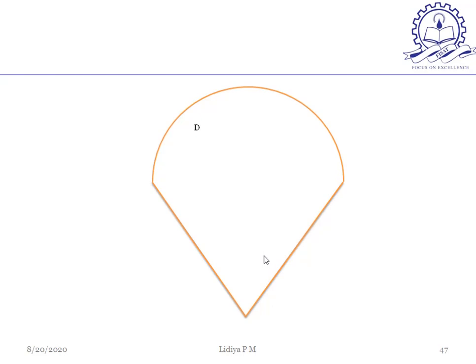And it is given that there are 5 rain gauge stations. So this represents the diameter of this semicircle and this is the origin. The origin is 0, 0, that is point E. In the question, different coordinates are given. For the coordinates of A, if this is 0, 0, then 5, 5 means it will be here.